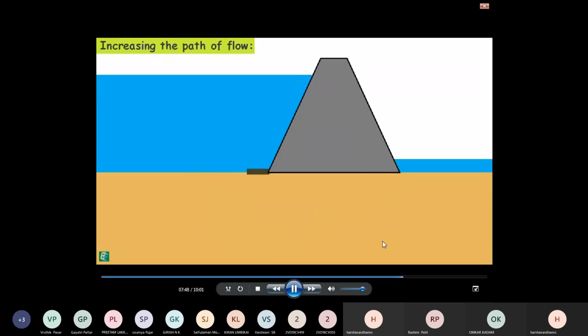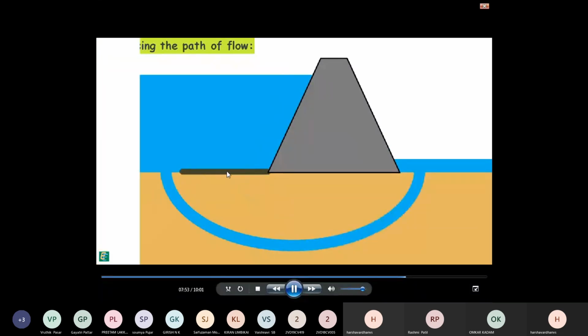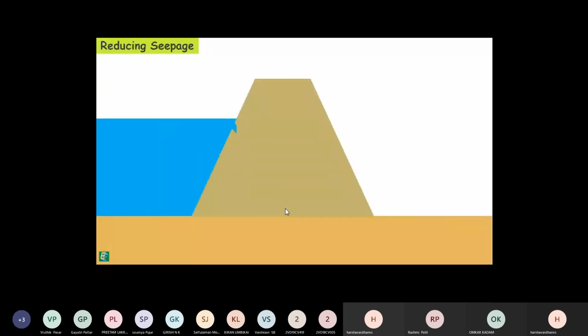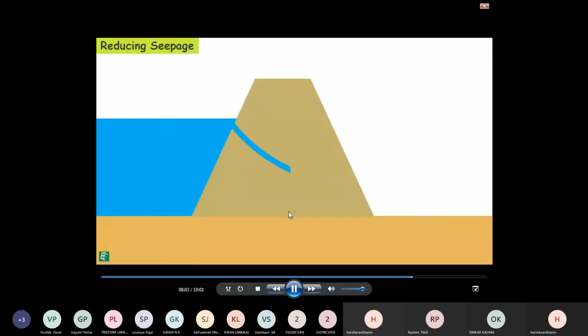The third is if you are providing an apron here, then also an impervious layer can increase the length of the flow. The next is by reducing the seepage. You can reduce the seepage through the body of the dam.